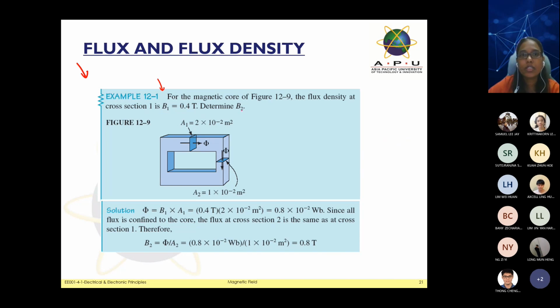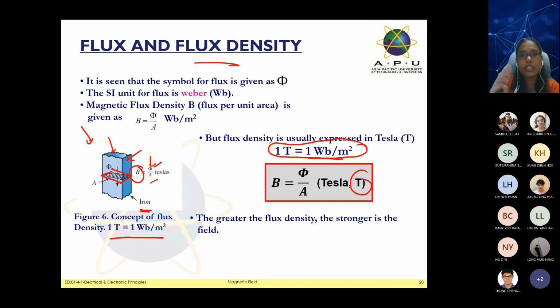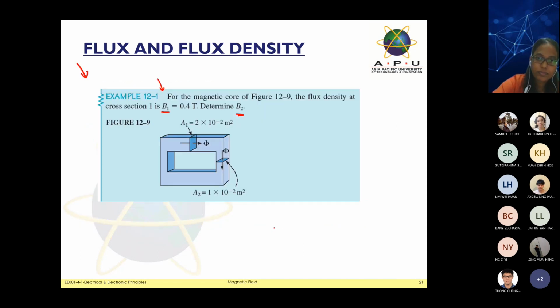Determine B2. So from here you can identify that you have two flux densities, one referring to B1 and one referring to B2. At the same time, remember the short terms for the formulas. The symbol for flux relates to the magnet flux, and B stands for flux density.